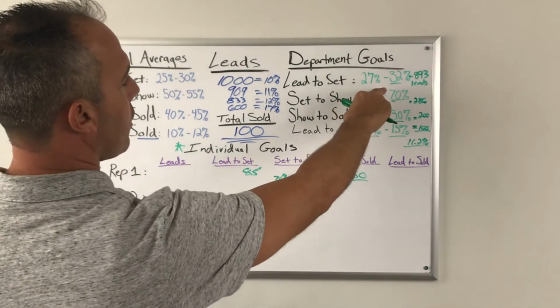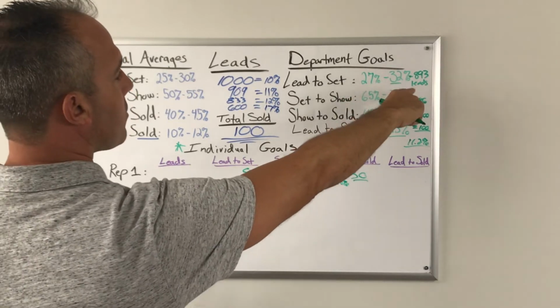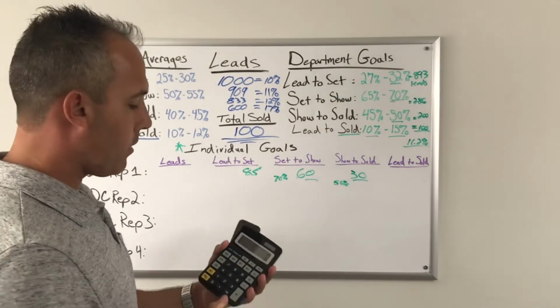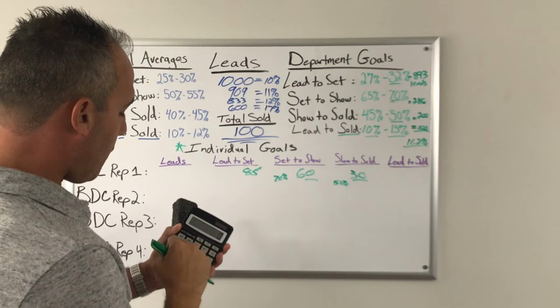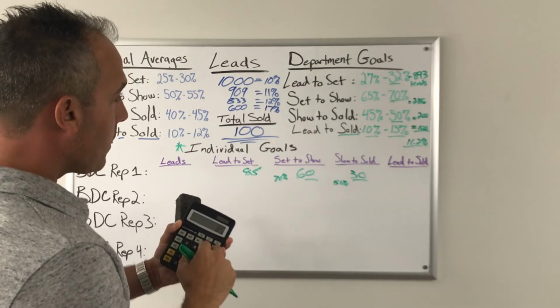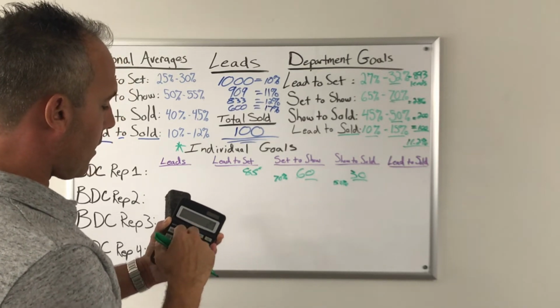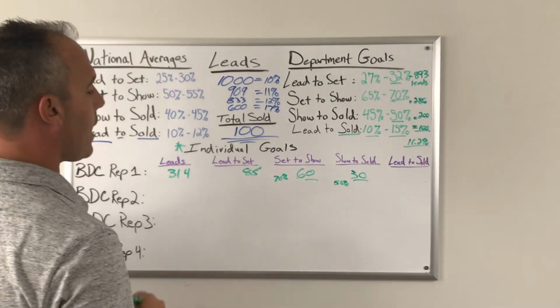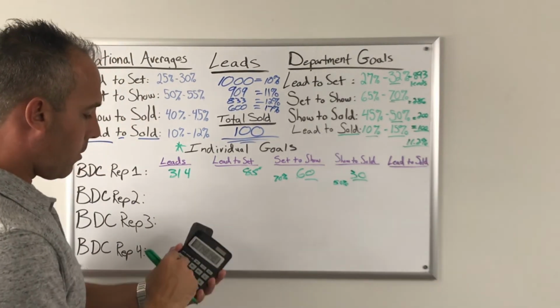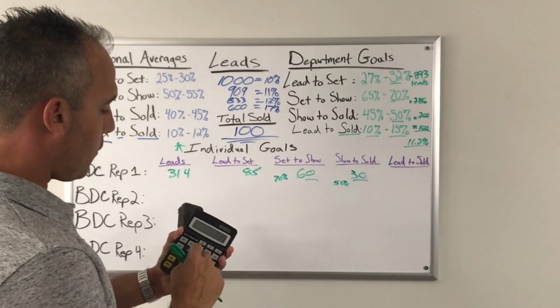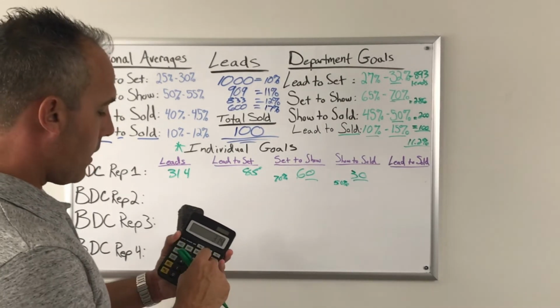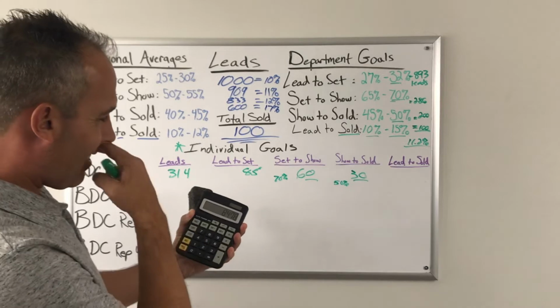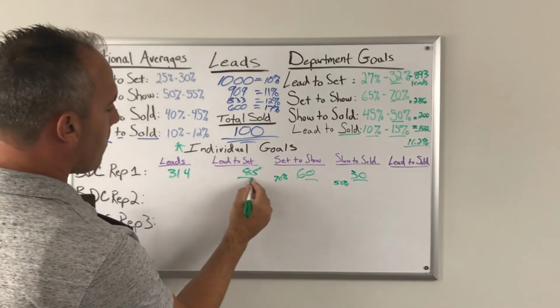Well, let's just say you're setting 27% of your leads. So 85 divided by 27%, you're going to need 314 total active leads. So when you go 314 total active leads times 27%, that's 84.78 appointments.